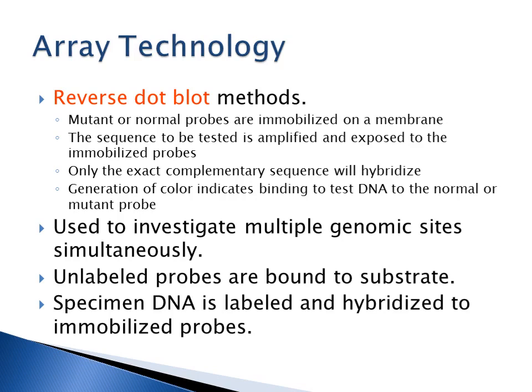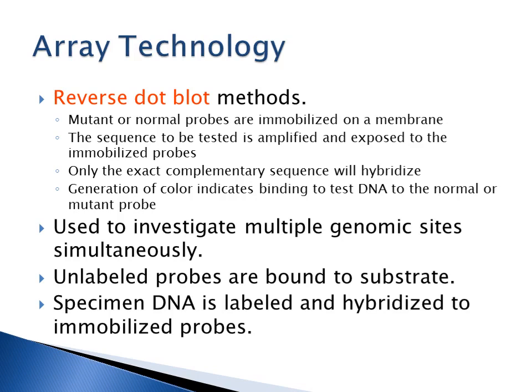You immobilize your probe, either mutant or normal probe, to your membrane, and then you're going to amplify a sequence and expose that to the immobilized probes, and only the exact complementary sequence is going to hybridize to your immobilized probes. So if you get color, that's going to indicate the binding of the test DNA to normal or mutant probes.